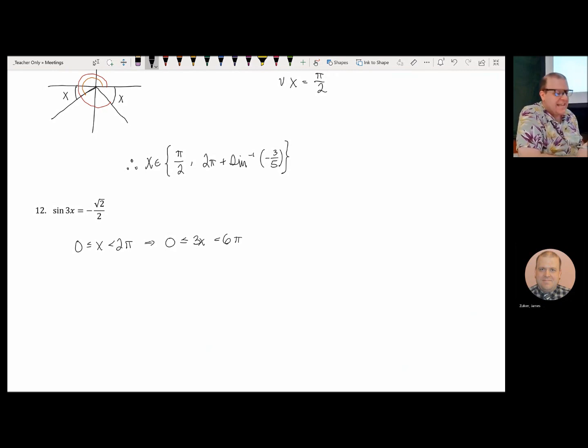That means 3x has to be between 0 and 6 pi. This is a note.